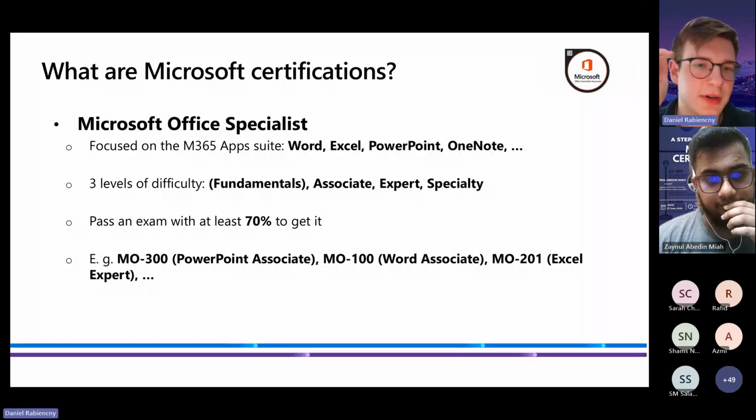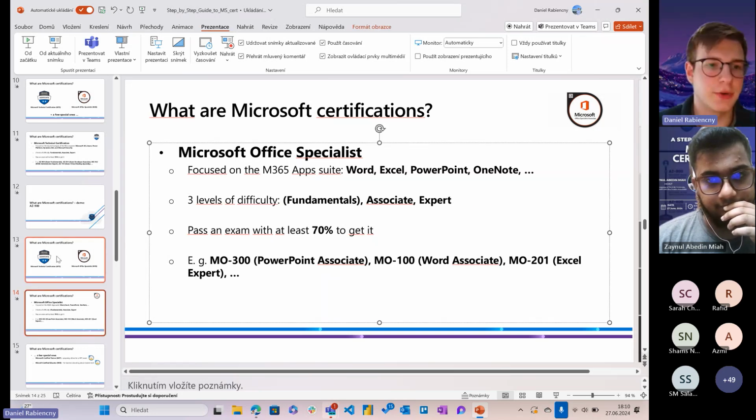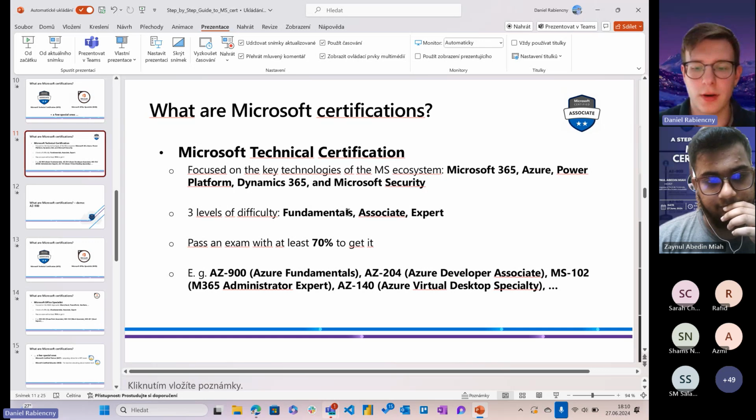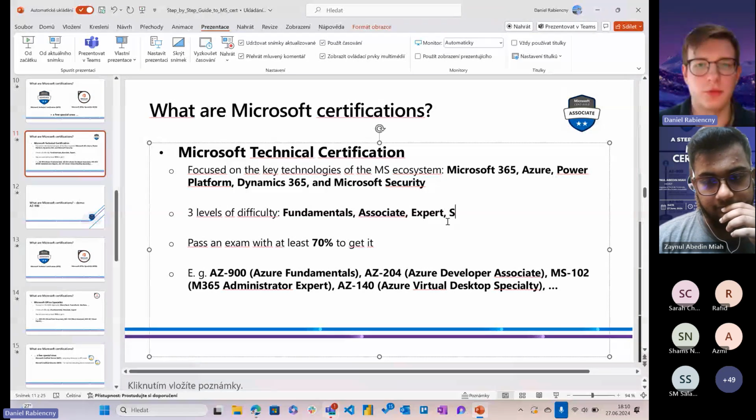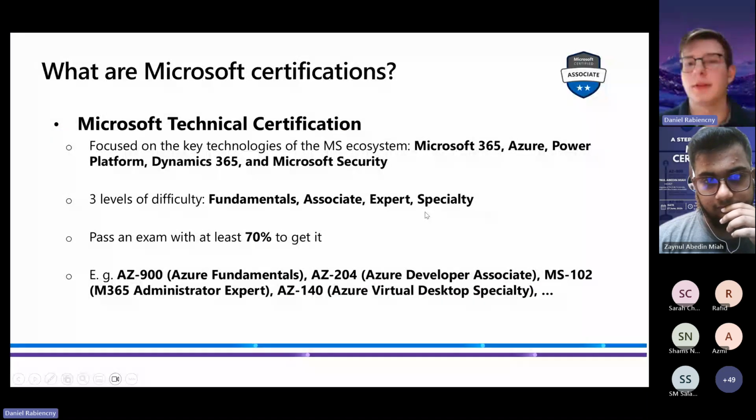And I've put one thing wrong here, and I'll change it now, because I actually forgot to tell you about one more level of the Microsoft technical certifications that Microsoft Office certifications don't have, and that is the specialty level, which is kind of this 4th level. Its difficulty lies somewhere between the associate level and the expert level.